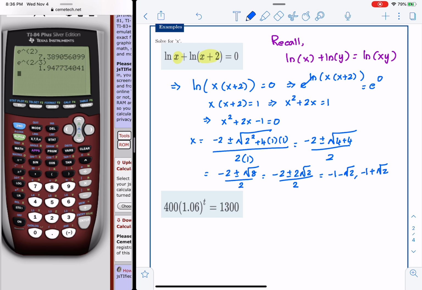But we've got to keep in mind that for that equation to be satisfied, we cannot put a negative number in the logarithm.